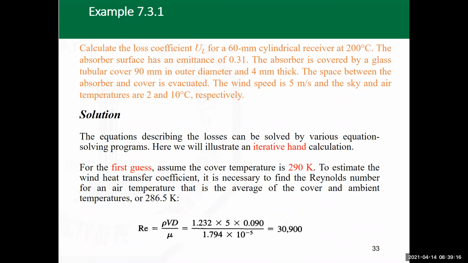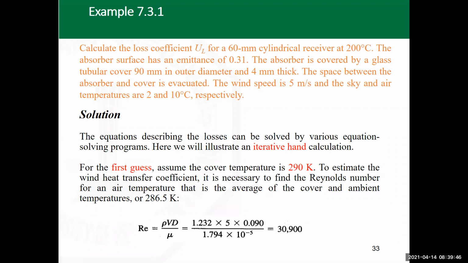The example is asking for the calculation of the heat loss coefficient for a receiver having a diameter of 60 millimeter. It is at a temperature of 200 degrees Celsius. The absorber surface has an emittance of 0.31. The absorber is covered by a glass tube. So we have a glass cover here, which is 90 millimeter in outer diameter and 4 millimeter in thickness.